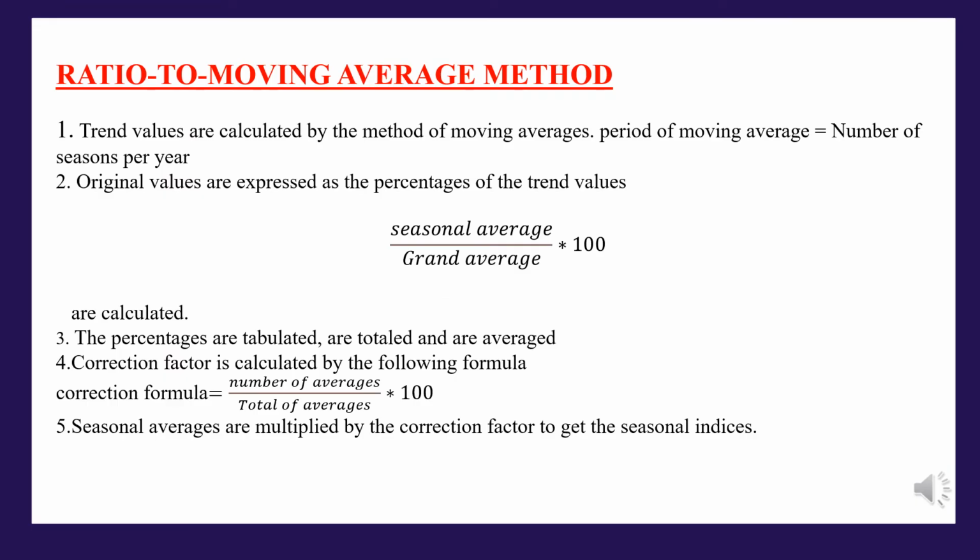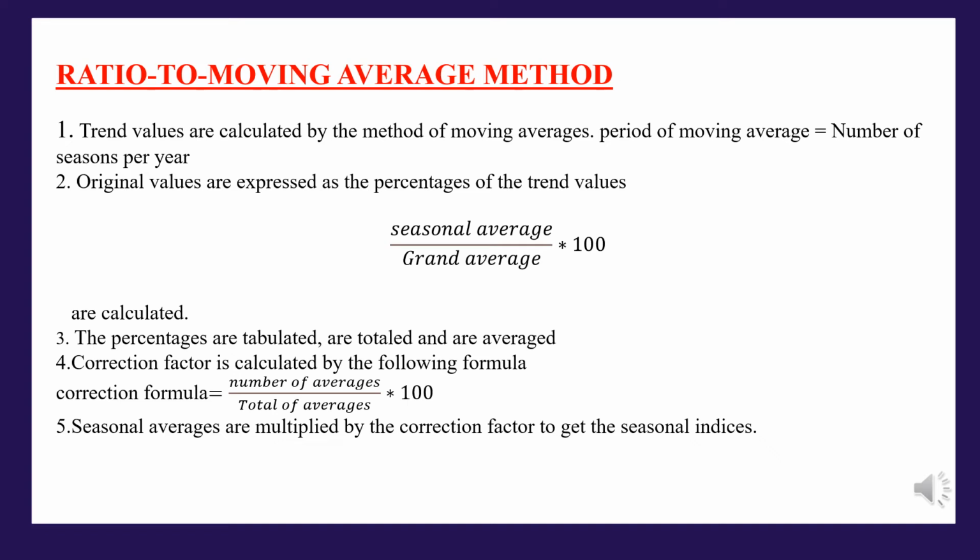Next method is ratio to moving average method. The method assumes multiplicative model. Following are the steps. First one, trend values are calculated by the method of moving averages, that is, period of moving average equal to number of seasons per year. Original values are expressed as the percentage of the trend values. Original value divided by trend into 100 are calculated.